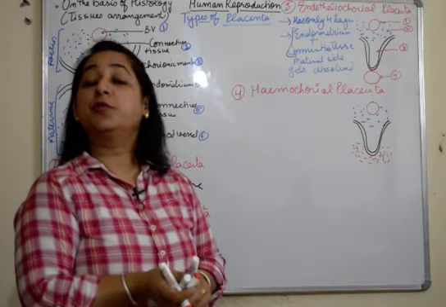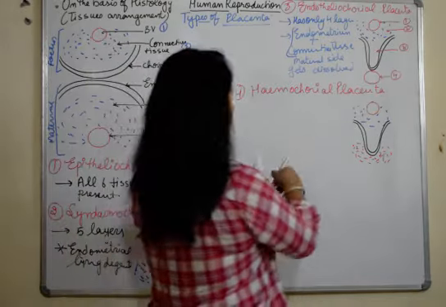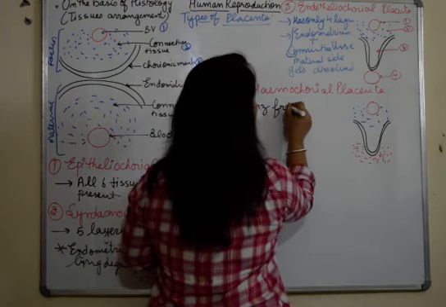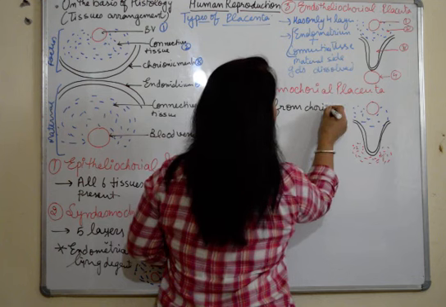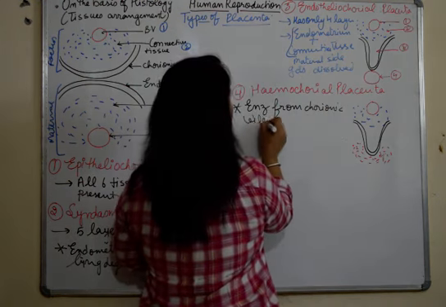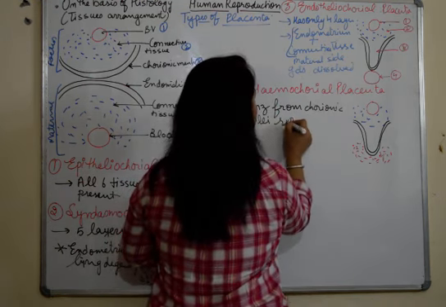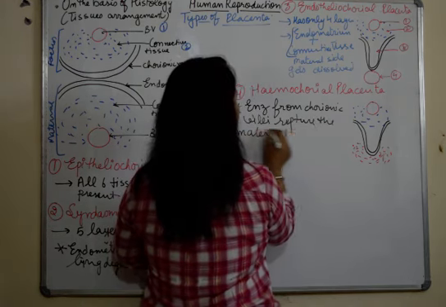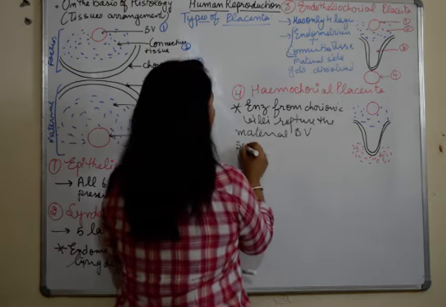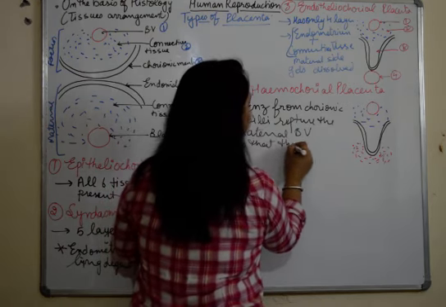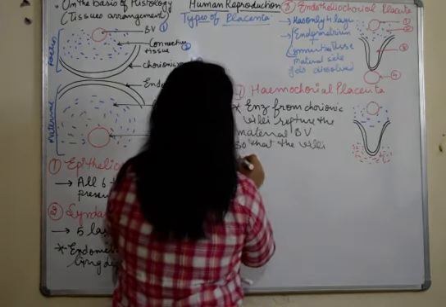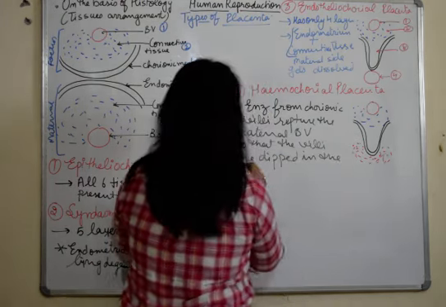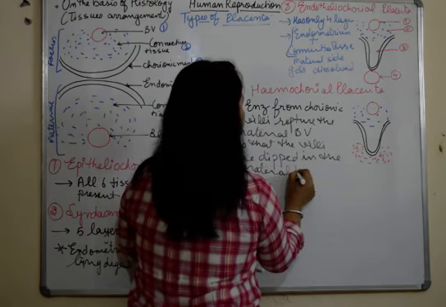The enzymes from chorionic villi, I'll write it here, enzymes from chorionic villi rupture the maternal blood vessels so that the villi are dipped in the maternal blood. Fine.